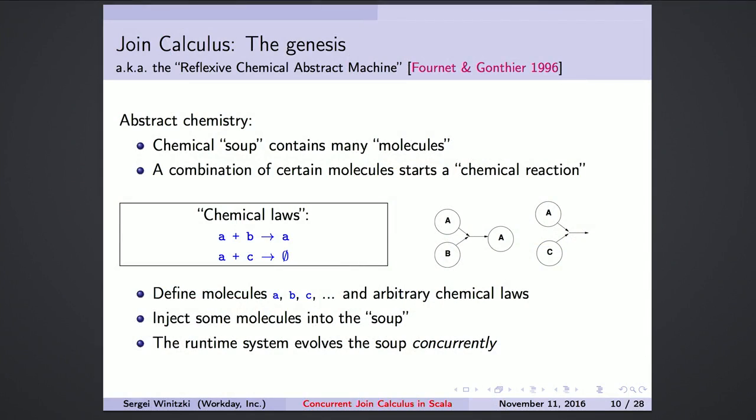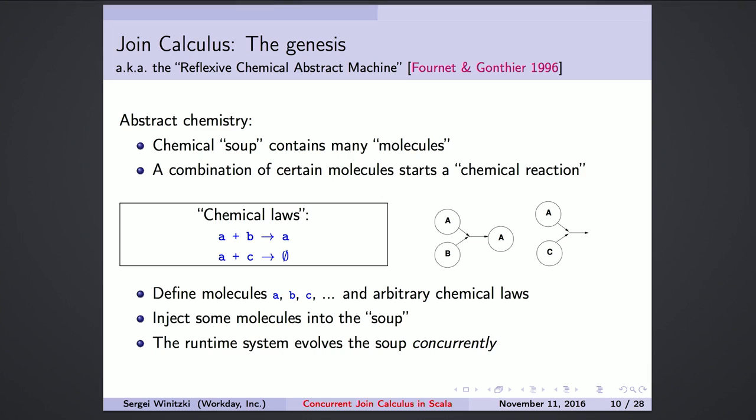How I would like you to think about it is, imagine that we're dealing with some imaginary chemistry where we have molecules, and the molecules are swimming around in some chemical solution and randomly meeting each other and producing chemical reactions. Each chemical reaction looks like some molecules meeting together, then they disappear, and a new molecule appears.